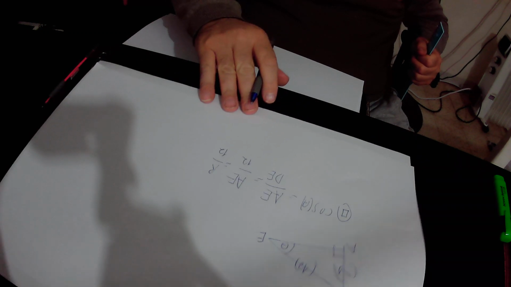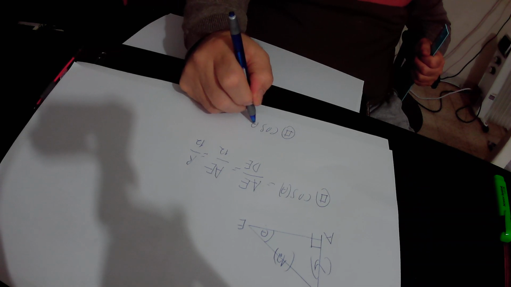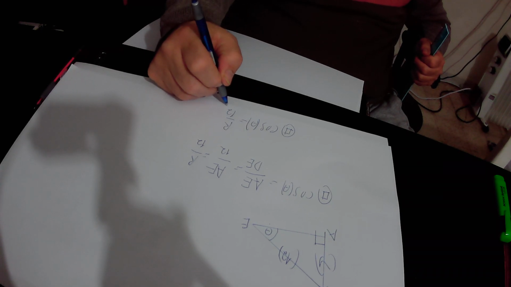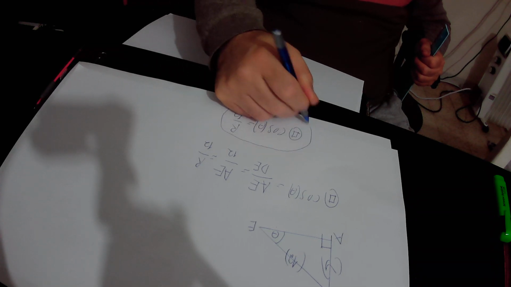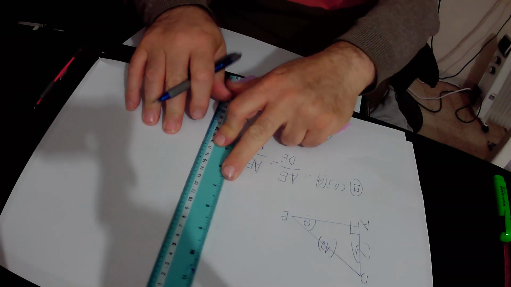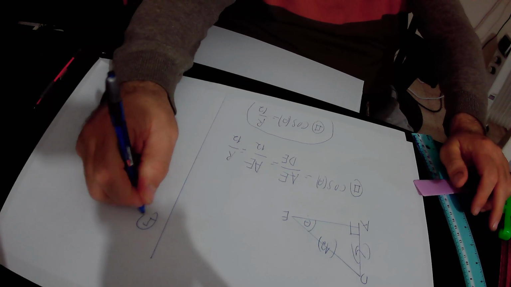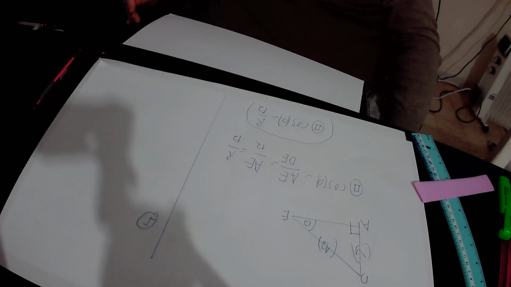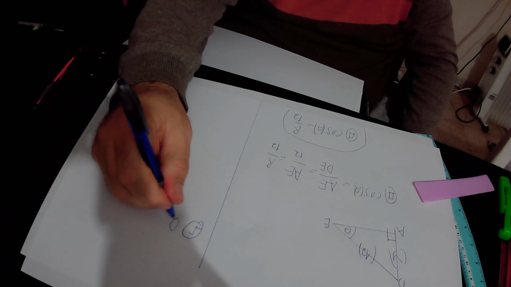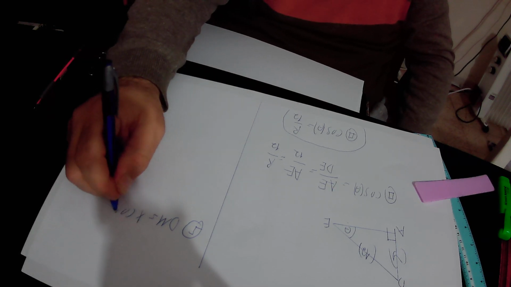So in conclusion, we found that according to equation 2, cosine theta equals R over 12. While according to equation 1, we have already found that DM equals x times cosine theta.